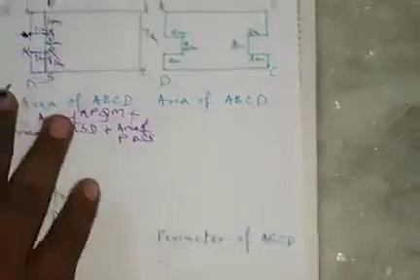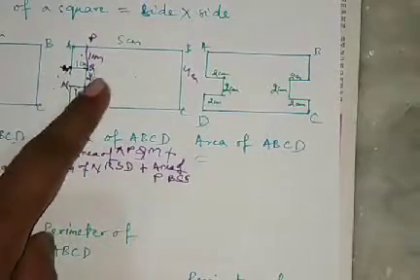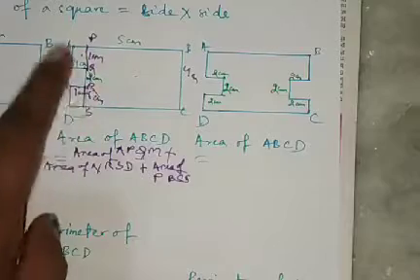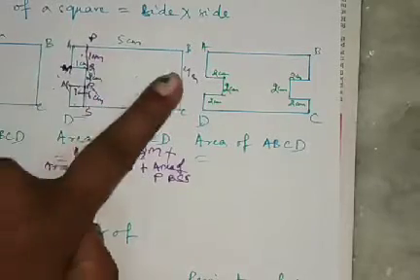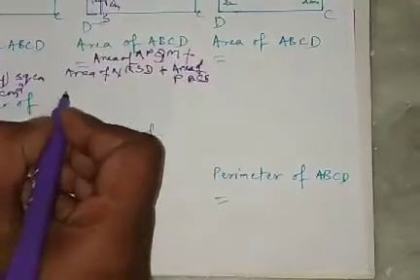So we have here 3 closed figures. When this portion is missing, we have to divide it into 3 closed figures. One is this figure, and this figure. So what are we getting?